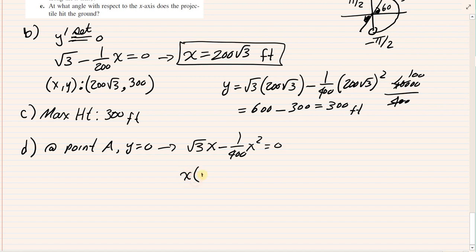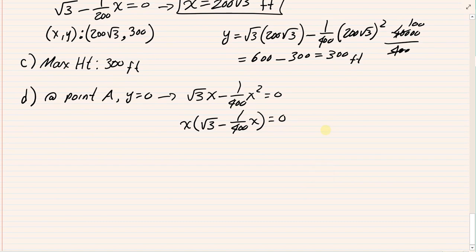Factor the x out, we get x times root 3 minus 1 over 400 x equals 0. From this we get x is 0 by the zero factor principle, or root 3 minus 1 over 400 x is 0.